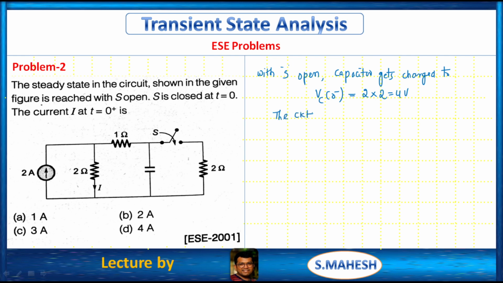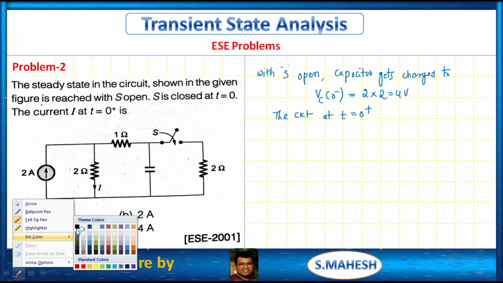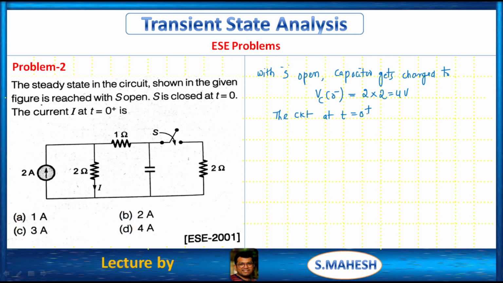The circuit at t equals 0 plus: when it is open, we have this 4 volts of capacitor voltage. So at t equals 0 plus, we represent the capacitor voltage as a source voltage of 4 volts, right?